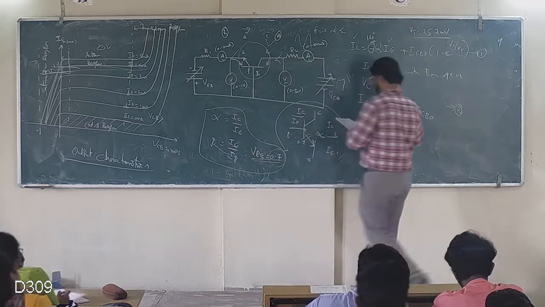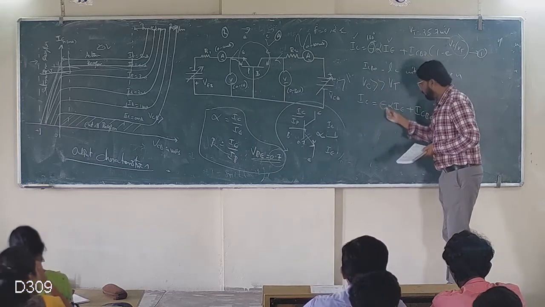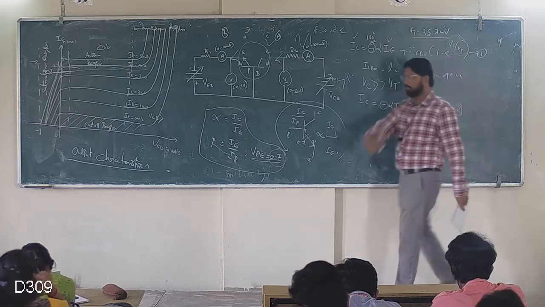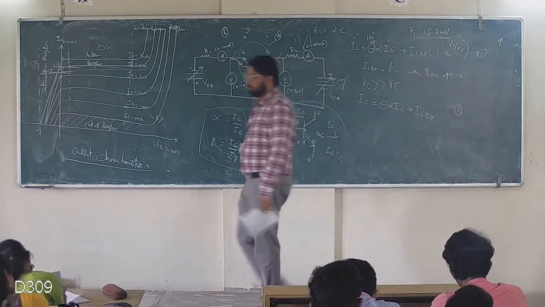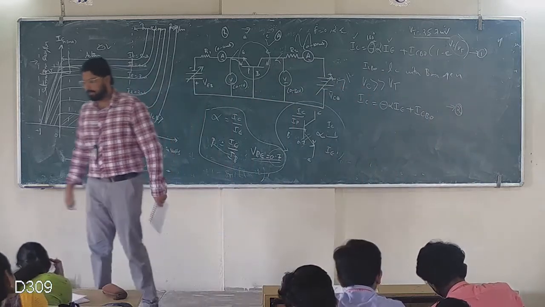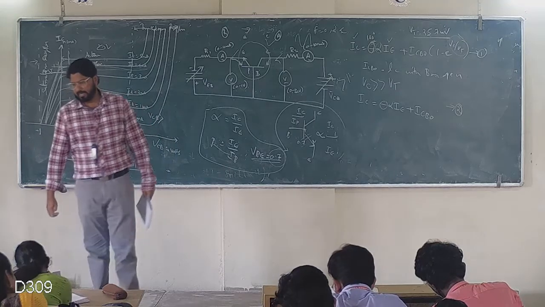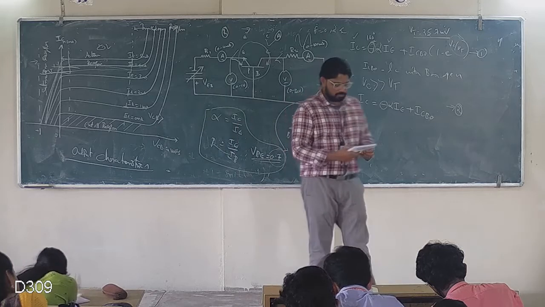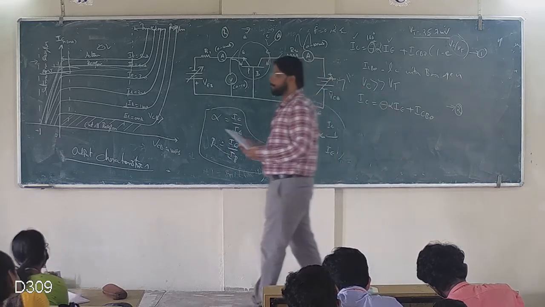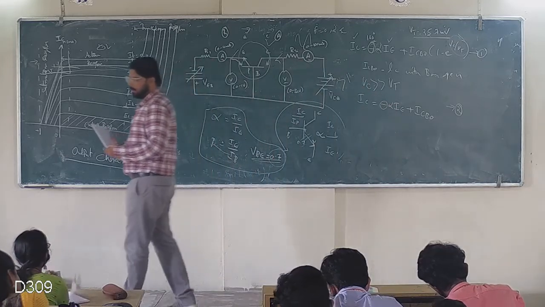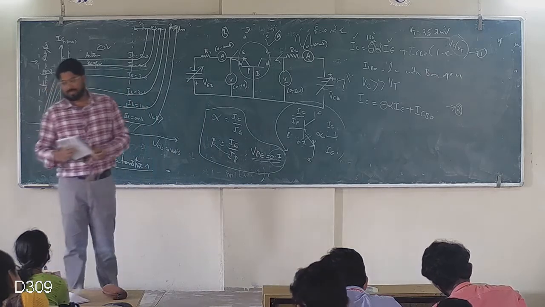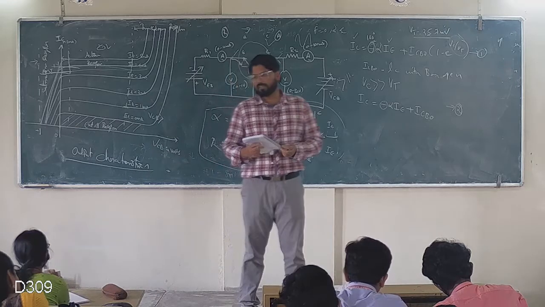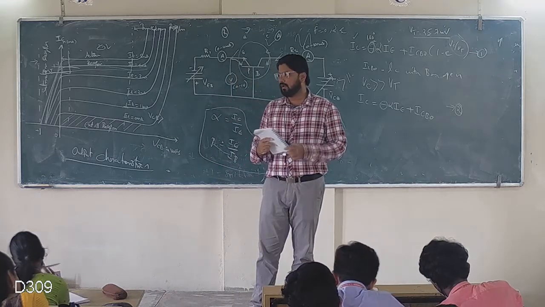The negative sign in the above equation indicates that IC and IE are in opposite direction.